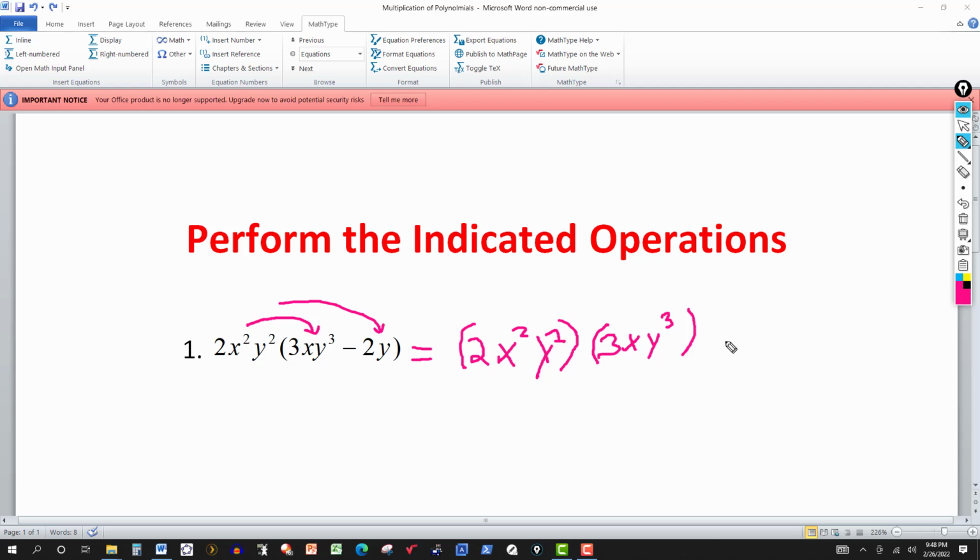And then I'm going to put a minus in front here. That's that minus right here. It carries over. And then this term again multiplies. So I'll put that in parentheses. 2x squared, and then this next one would be 2y.